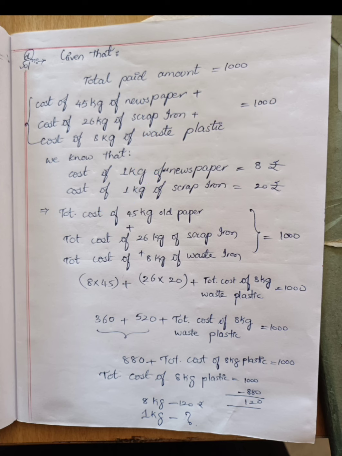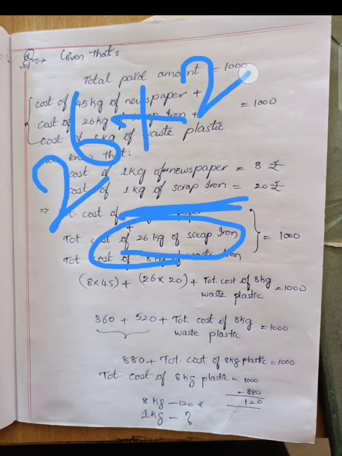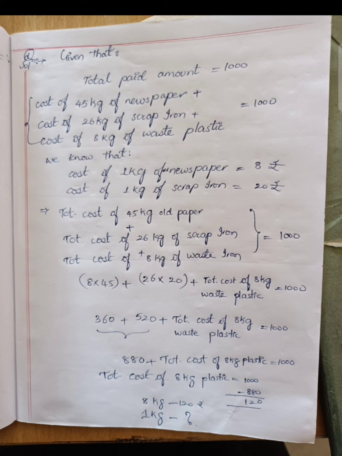Okay, now we need to find out the total cost of scrap iron. For that purpose what we should do? We have to multiply, but which two numbers? The total quantity of scrap iron and rate of 1 kg of scrap iron. What is that? 20. So we need to multiply 26 into 20.